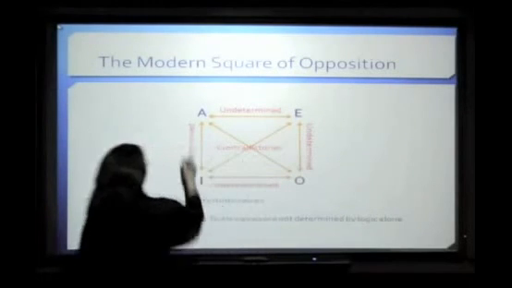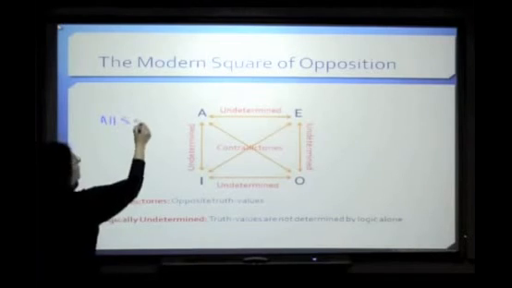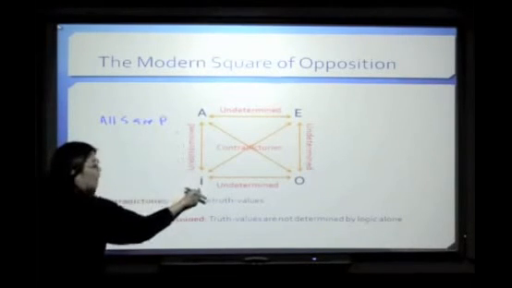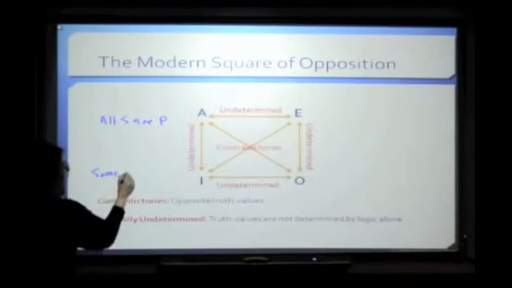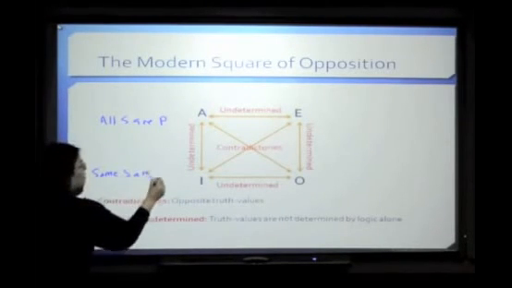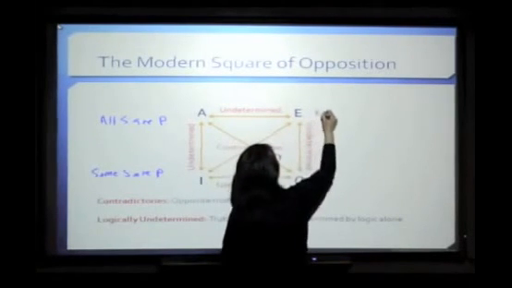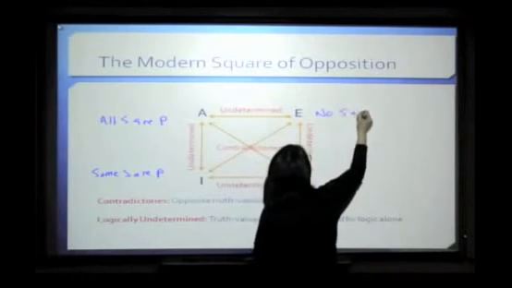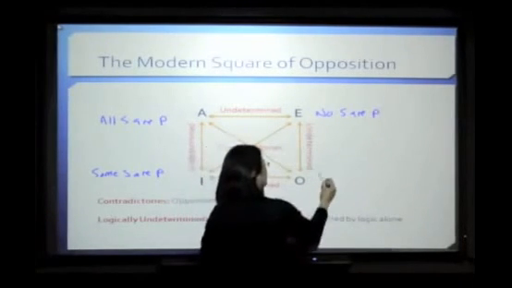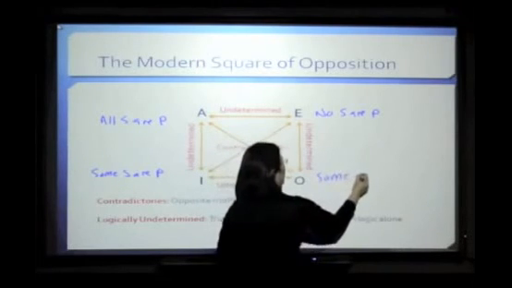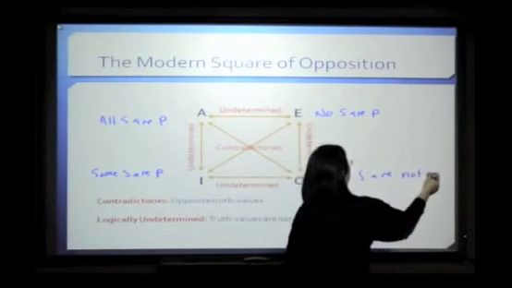So the A-type statement is structured all S, R, P. The I-type statement is structured some S, R, P. And the E-type statement is structured no S, R, P. And the O-type statement is structured some S, R, not P.